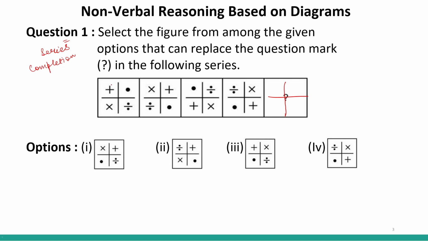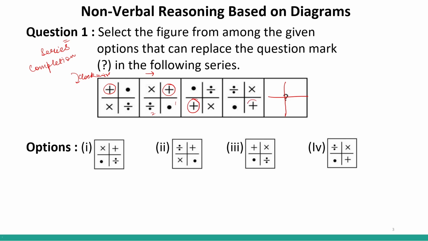Now let us look at the plus sign. Over here we have the plus sign and then this. So it moved forward one position in a clockwise direction. Then the plus sign is over here. So it moved how many positions? 1 and 2. So it came forward in the clockwise direction by 2 positions.